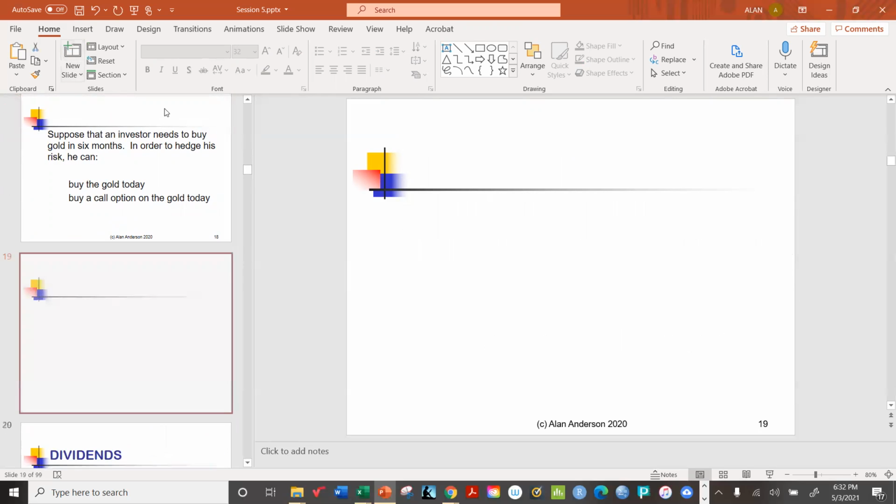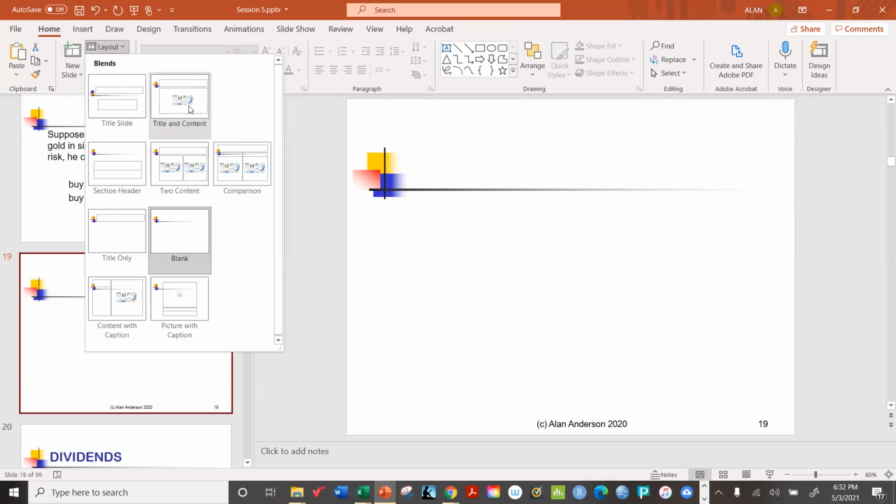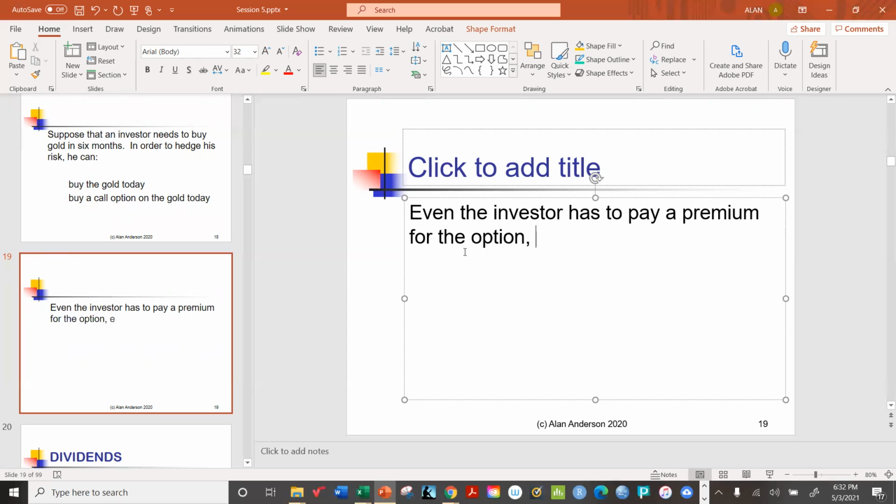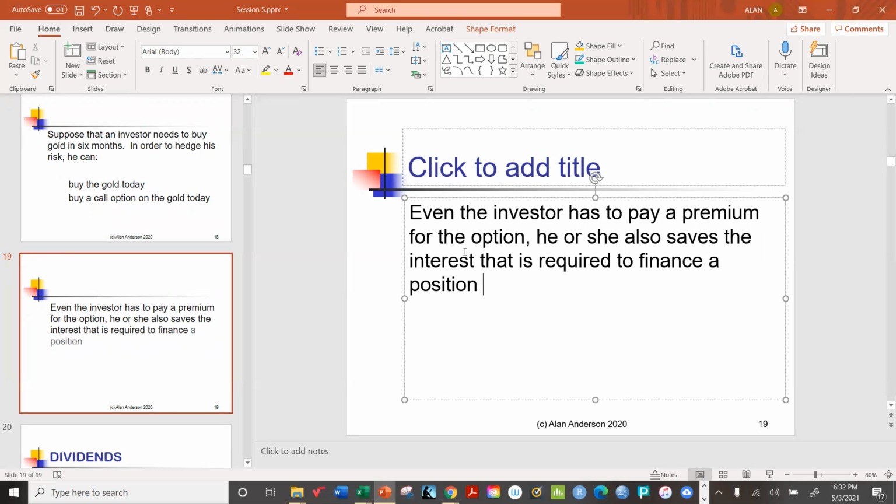Well, even though the investor has to pay a premium for the option, he or she also saves the interest that is required to finance a position in gold for 6 months.